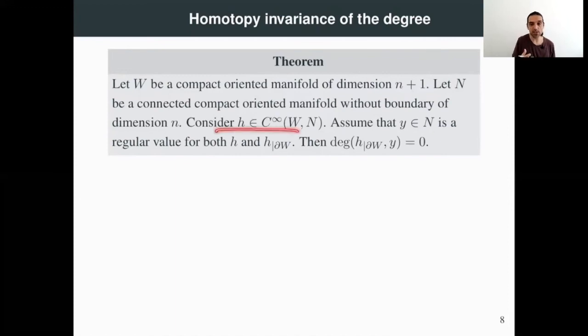Consider now H a smooth map from W to N. W is going to be a manifold with boundary, and assume that y is a regular value for both H and the restriction of H to the boundary of W. Then what we want to show is that the degree of the restriction of H to the boundary of W, which is a manifold of dimension n, for the regular value y, is equal to 0.